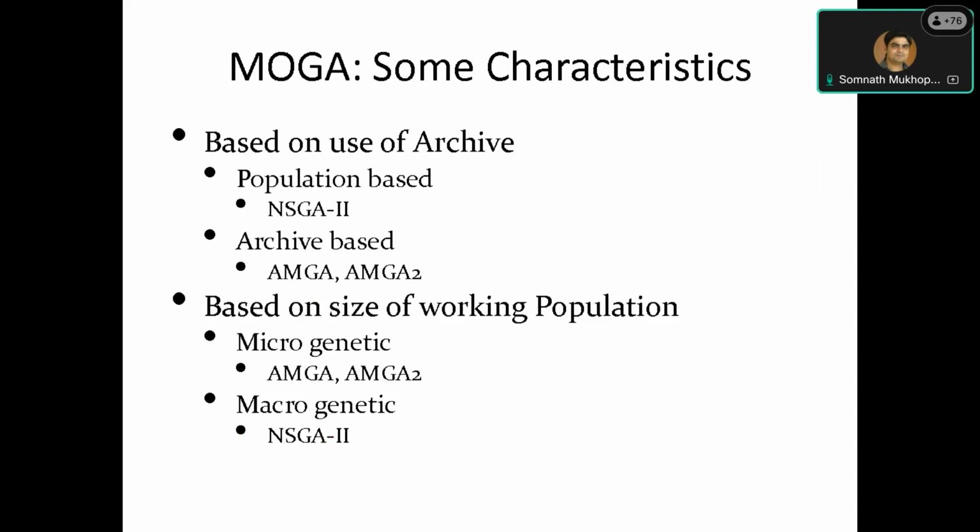There are many multi-objective versions of genetic algorithm, starting from population based and archive based, depending on the working principle, whether it is micro-genetic or macro-genetic. Micro means when the solution subspace is small, it is micro-genetic.